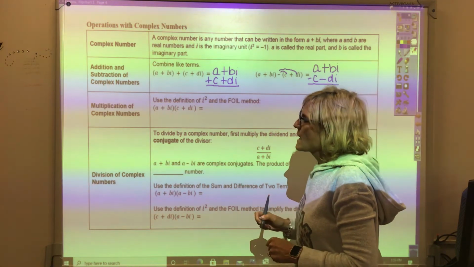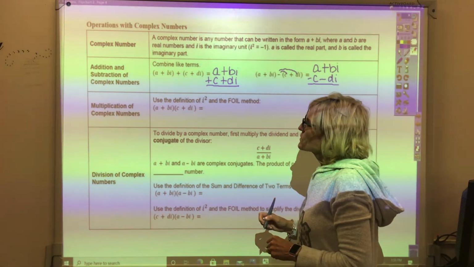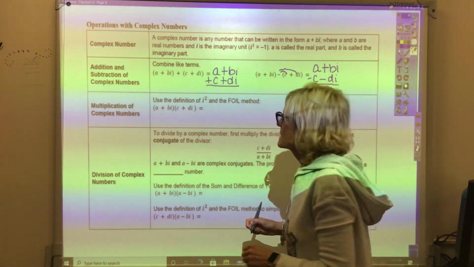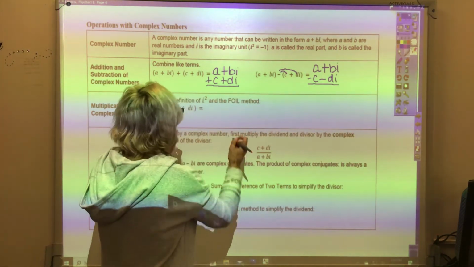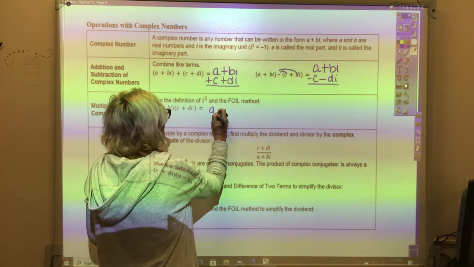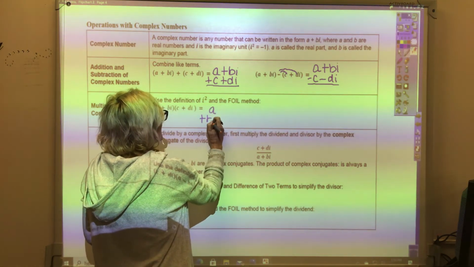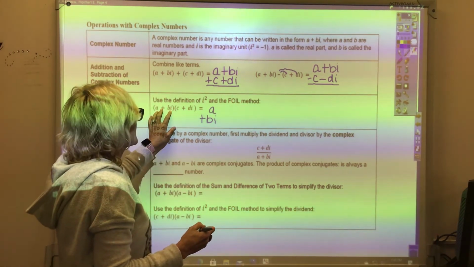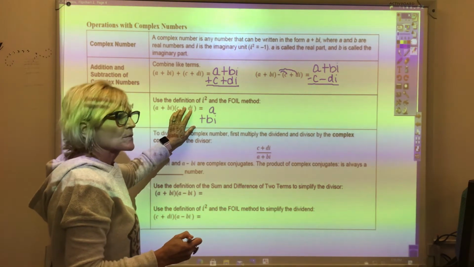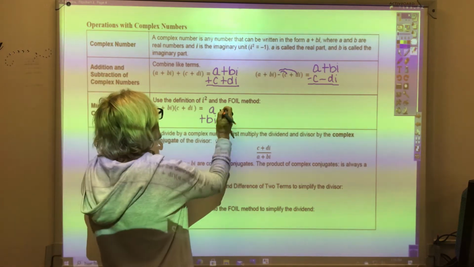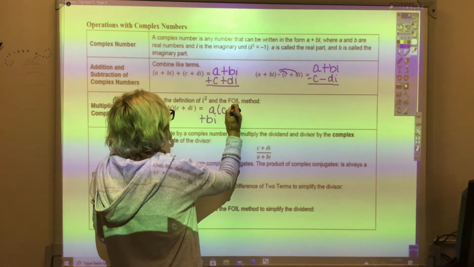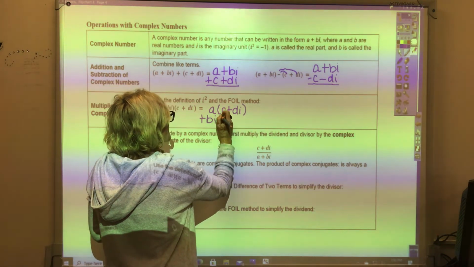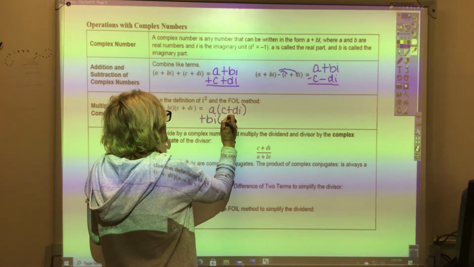When we multiply complex numbers, we're going to use FOIL, and my method of FOIL will look like this. I take the a plus bi and I write them out vertically. Now foiling means that you're multiplying everything in the first parenthesis by everything in the second parenthesis. So I'm going to put c plus di beside both the a and the plus bi.